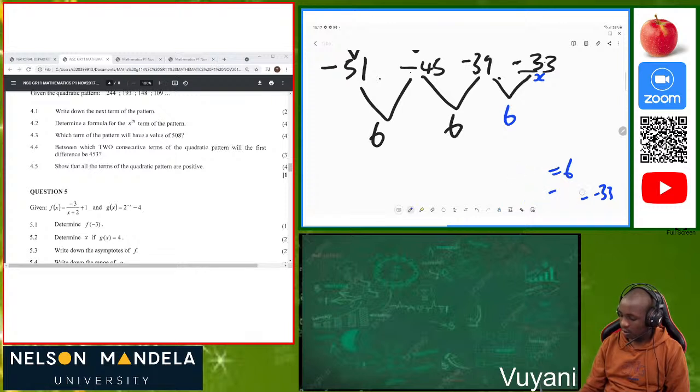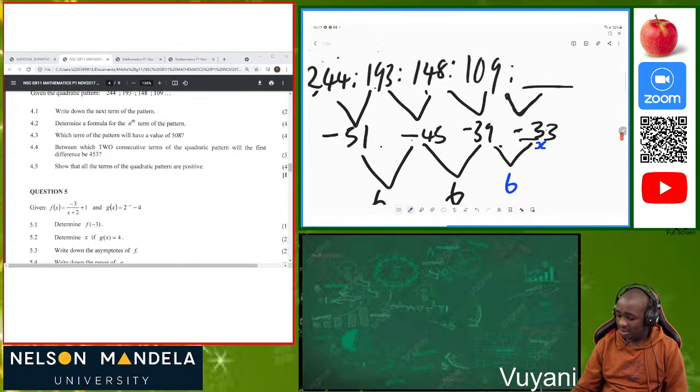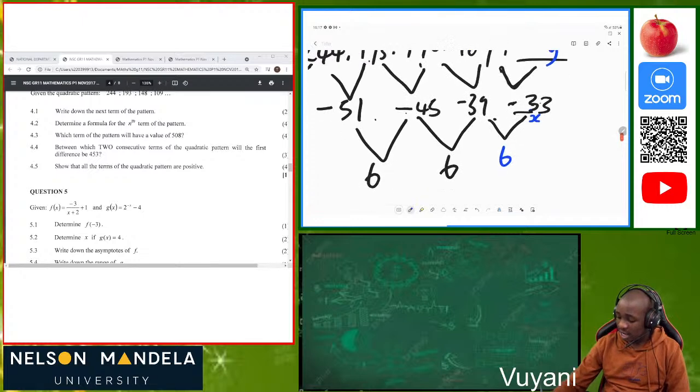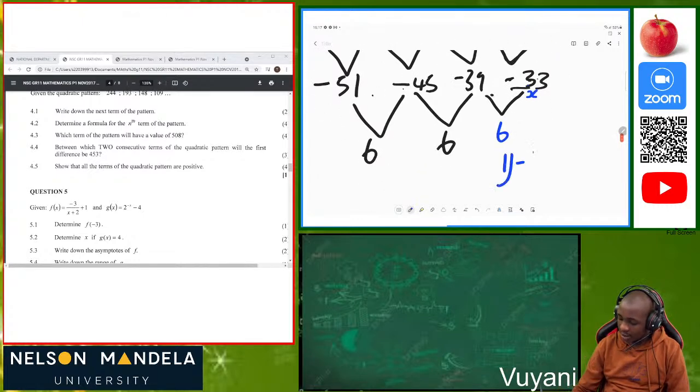But still, we have not yet answered our question. We need this term. We know that this term minus this term is equal to this term. So in other words, let me just put y there, so if you don't understand it clearly, we have to say y minus 109 must give us negative 33.